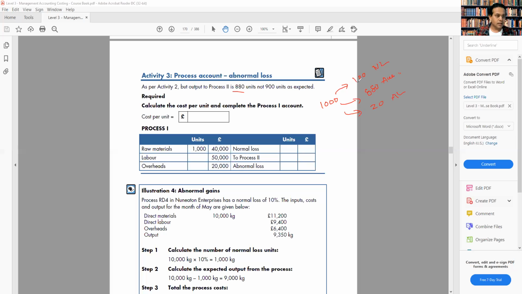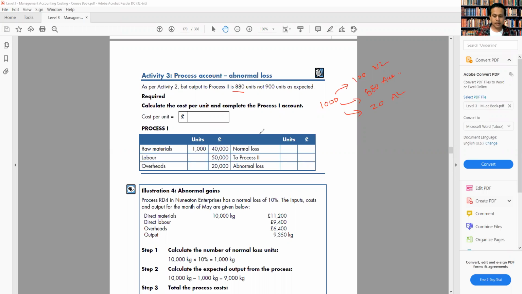Okay, very good. Very well done, Mohammed. Very well done, Theodora. Very well done, Nadia. Yes, we have the right answer. 20 is the abnormal loss. Now the next question is how much will be the cost per unit? Can we follow the same formula?